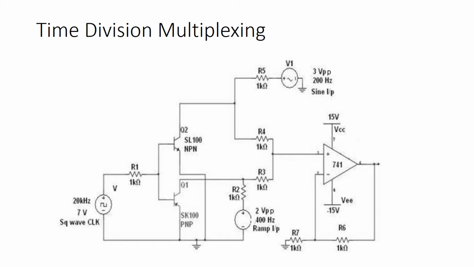For example, for the positive half cycle of the clock, the ramp signal is transmitted to the output. For the negative half cycle of the clock, the sine wave is transmitted. So in this way, the segments of sine wave and ramp wave are transmitted in a multiplexed manner.